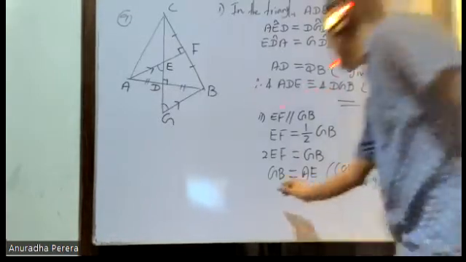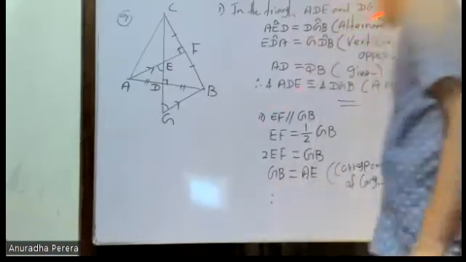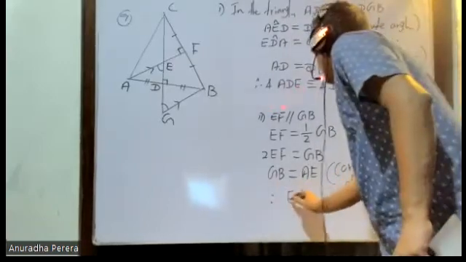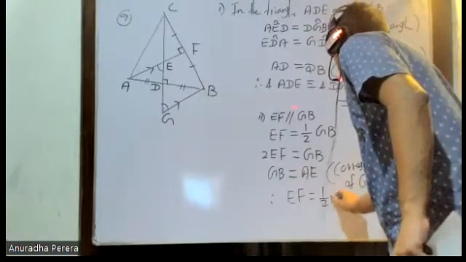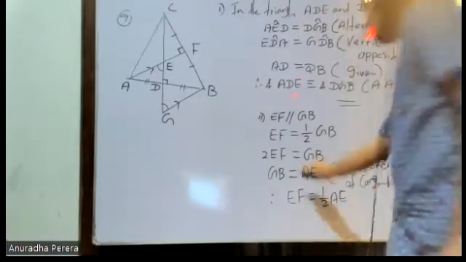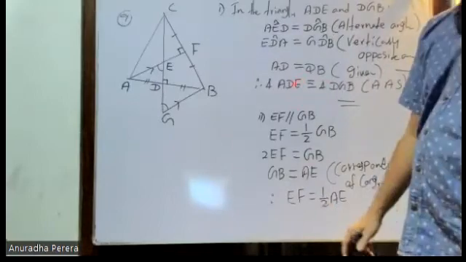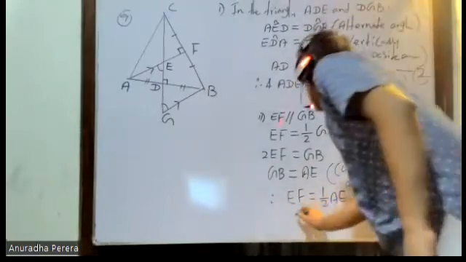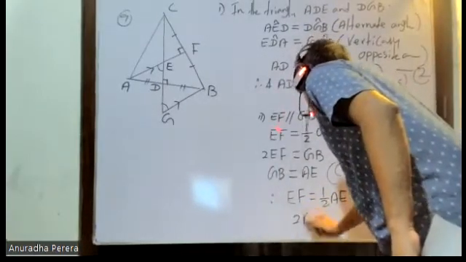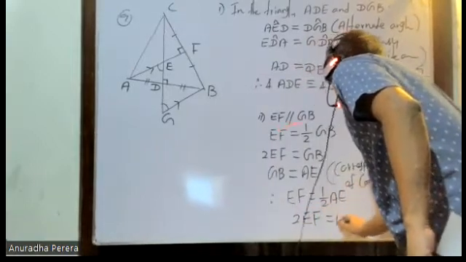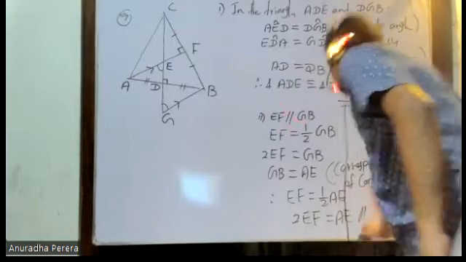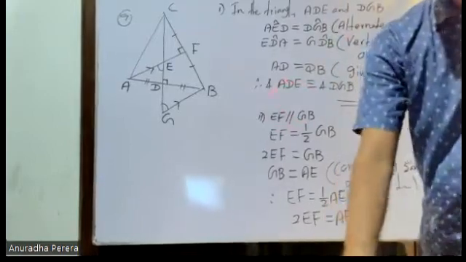Therefore, you can say EF equals half of AE. You can take these two to your left side. 2EF equals AE.